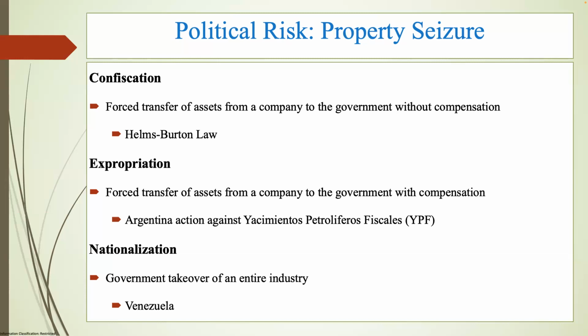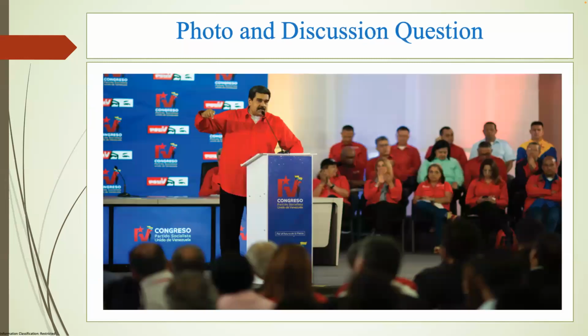So confiscation, expropriation, and nationalization can have the short-term effect of saving jobs, boosting currency reserves, or helping the government or the economy in other ways. But the long-term result of this form of political risk is usually slower economic development because foreign investors are more reluctant to invest in the country.